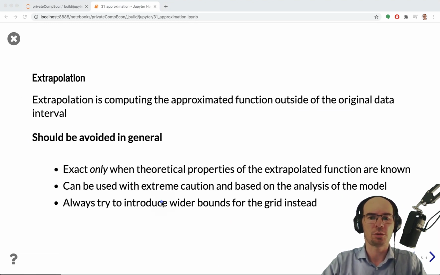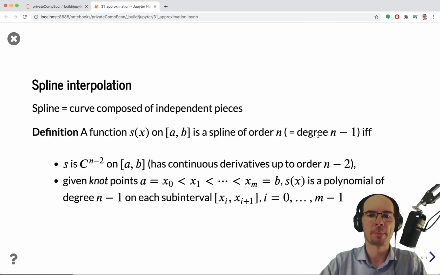But this should be done with extreme caution, and it's always better to try to widen the interval where the function is calculated, where the grid lies, right? The wider boundaries for the grid to try to avoid extrapolation.